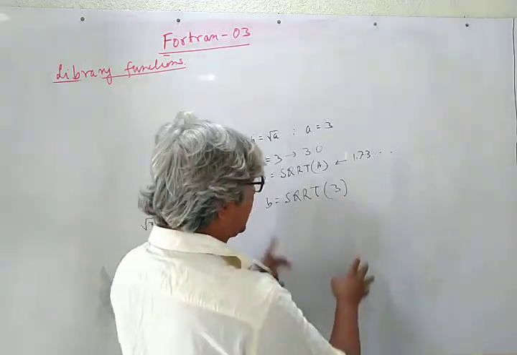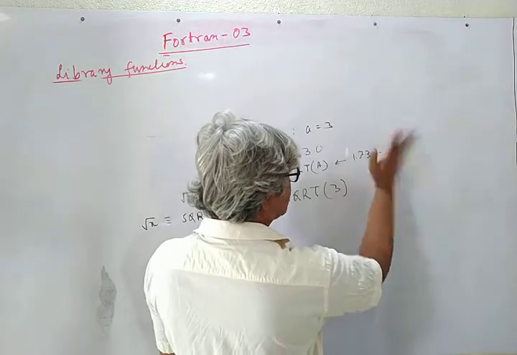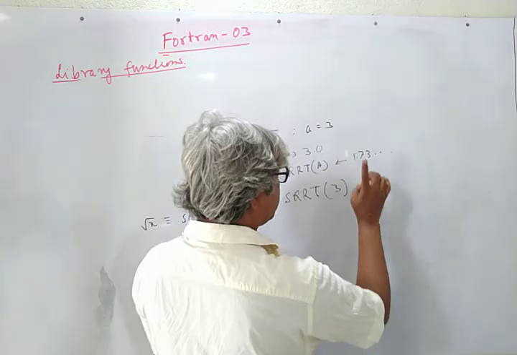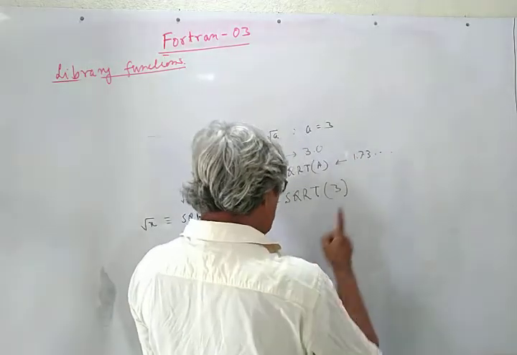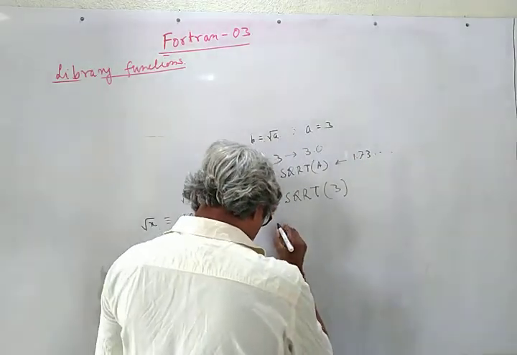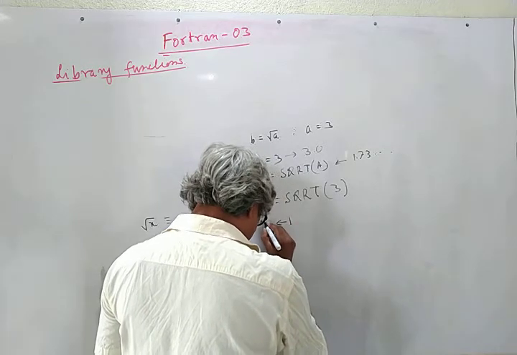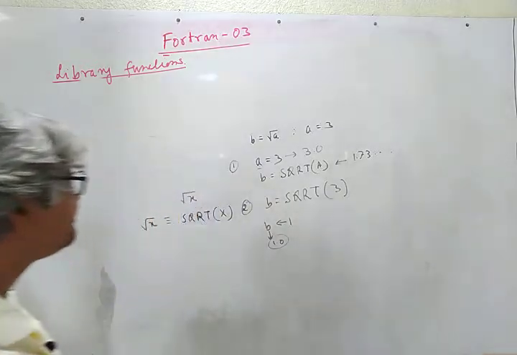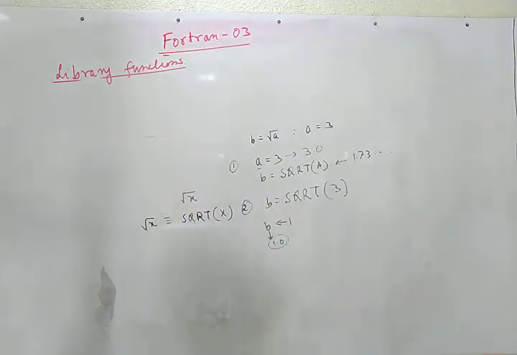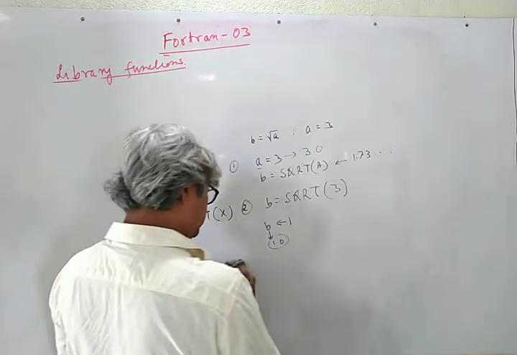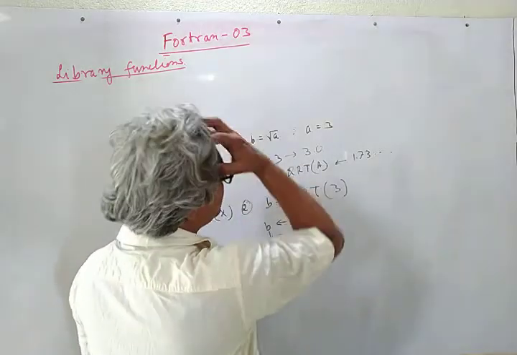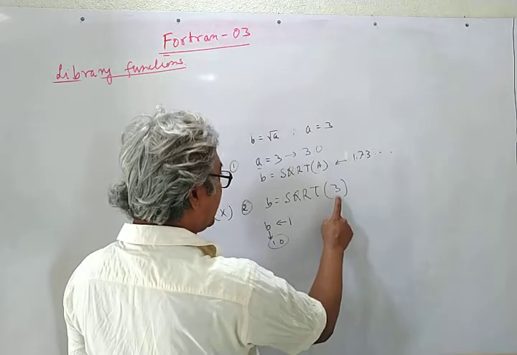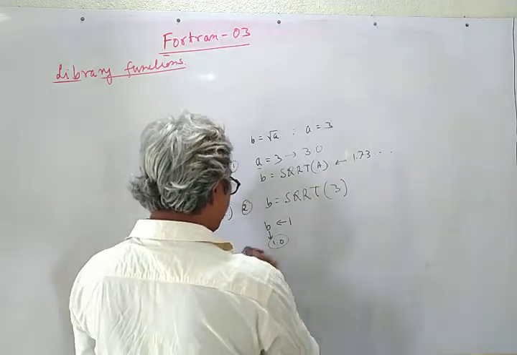Initially it calculates 1.73 and strikes off everything to the right of the decimal point, so it is 1. So 1 is assigned to B, and since B is real, the result is 1.0, which is not 1.73. This is a point of precaution. You must be careful whenever you use Fortran constants directly as the argument of any function.